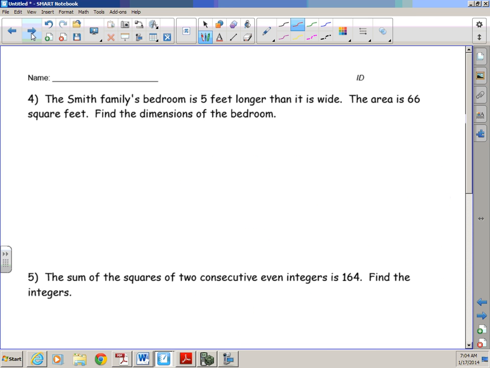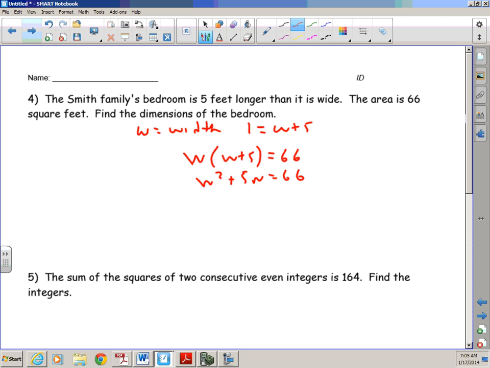All right, continuing on here. The family's bedroom is 5 feet longer than it is wide. So W is width. Length is W plus 5. Area. So I have W times (W plus 5) is equal to 66. Remember, you always want to try to use only one variable if you can when solving any word problem.